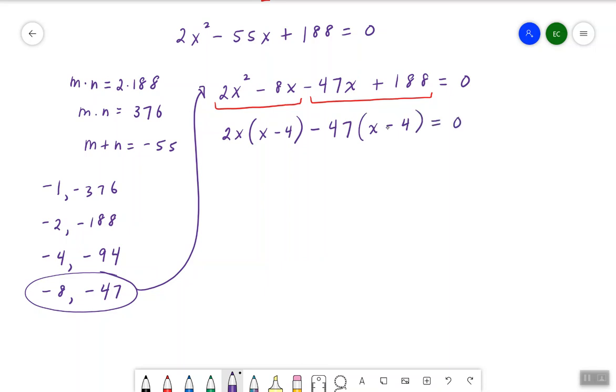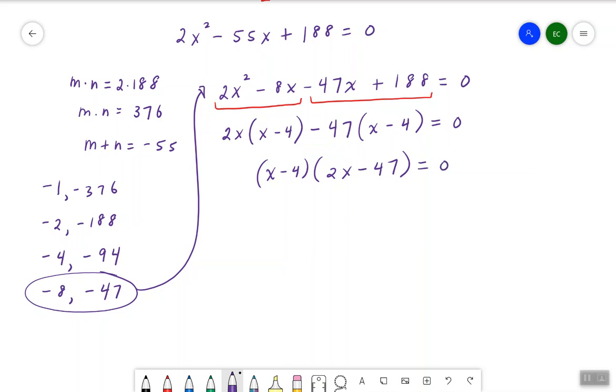And we know that this looks good because what's left over in the parentheses is the same up here in front and afterward in the next two terms. So now we can just factor out an x minus 4, and then we have 2x minus 47 left over.